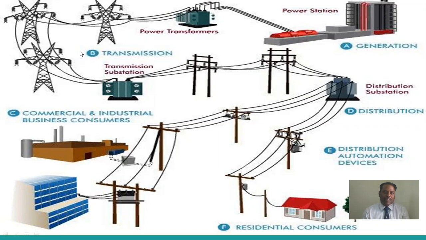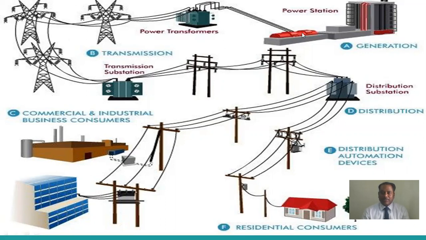It has a high mechanical strength, which can carry the power from the generating station up to the sub-transmission substations. The sub-transmission substations are located very near to the load centers, where the higher voltages are stepped down to moderately low voltages like 33 kV and 11 kV, and these voltages go to the load centers where the distribution substation is located.